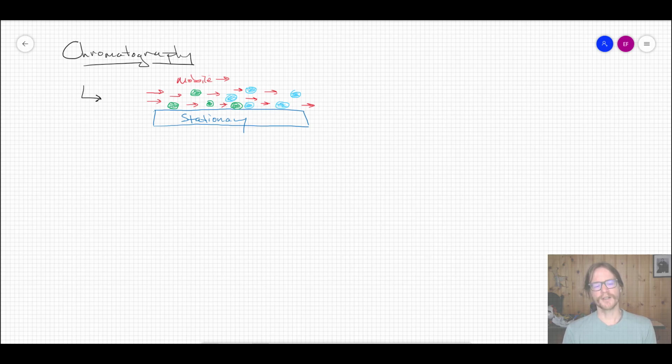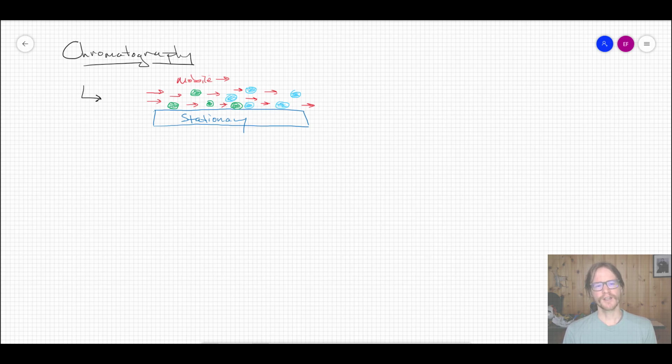Chromatography is still separation, but instead of leveraging two liquid phases that are immiscible, now we're leveraging a stationary phase, a solid phase typically, or a gel phase, that is in contact with a liquid phase or a gas phase that's mobile. So we have a mobile phase and a stationary phase here.